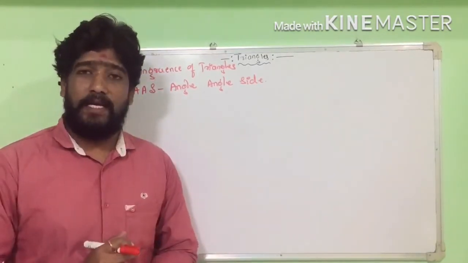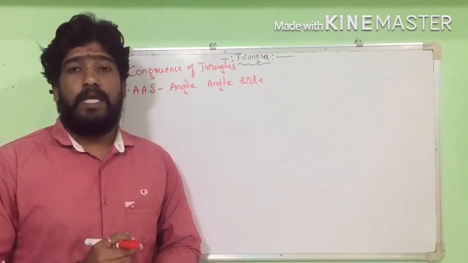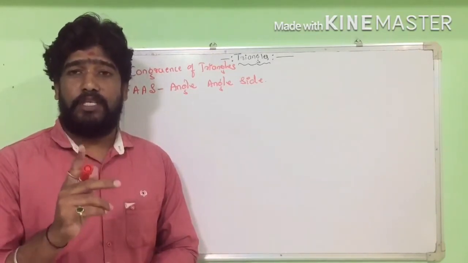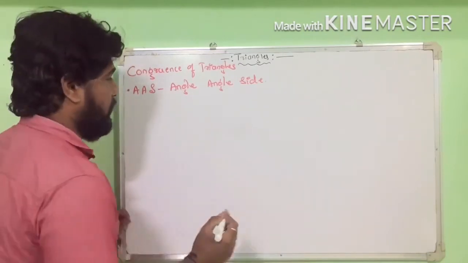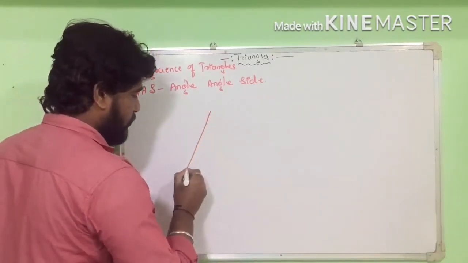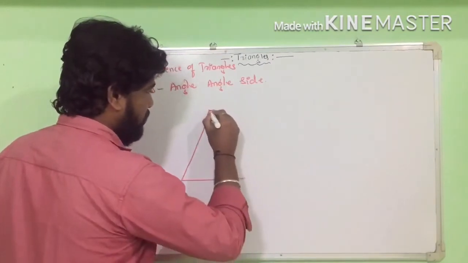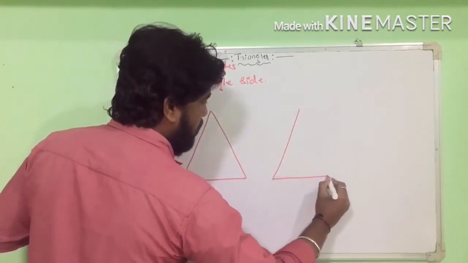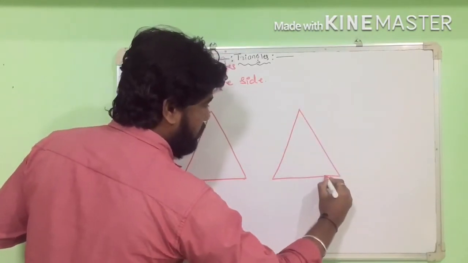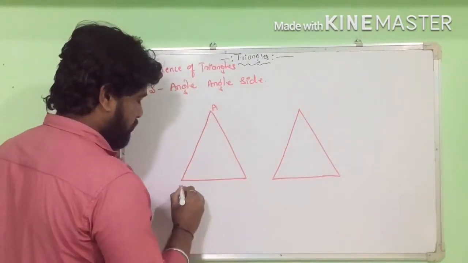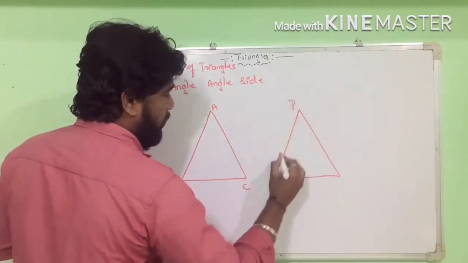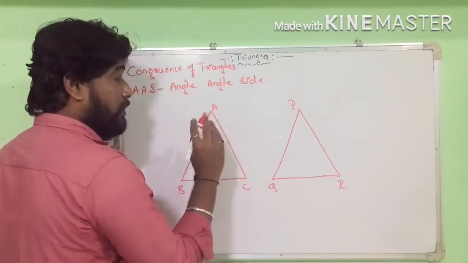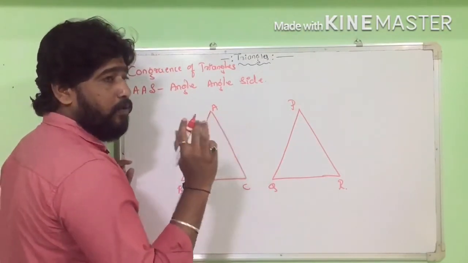So two triangles are congruent if any two pairs of angles and one pair of corresponding sides are equal. So for example here, one triangle and another triangle, A, B, C, P, Q, R. So in these two triangles, the pair of two angles.